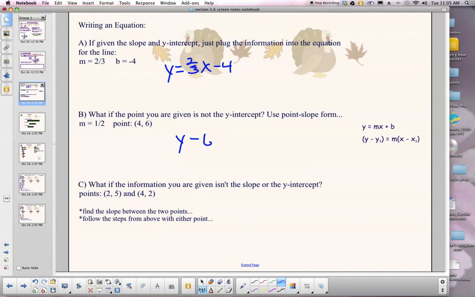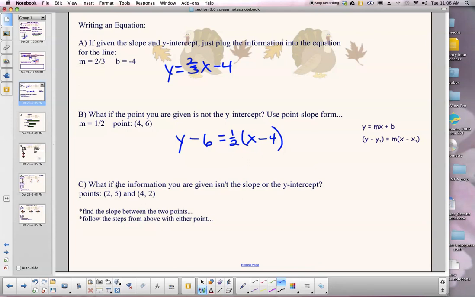So it would be 6 equals slope goes next, 1/2, and then in parentheses, I'm going to put x minus, and then I'm going to put my x1 value, which in this case would be 4. That would be the equation of my line. It's in point-slope form instead of slope-intercept form, but that's okay. No big deal. I could reduce this down and simplify it, and then if I did that, it would end up looking just like this anyway. But it's perfectly okay to leave it in that form.